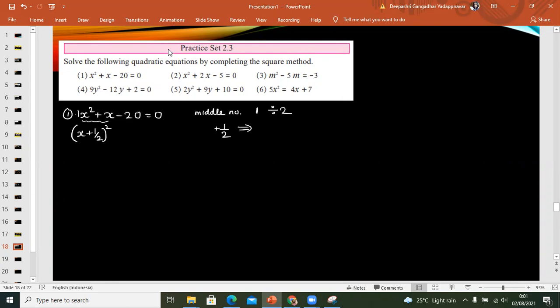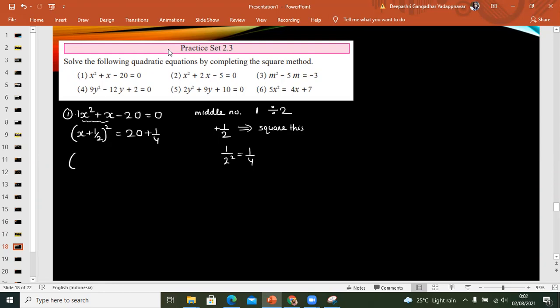Now, the next step is to square this. If you square this, you will get 1 divided by 2 square, that is 1 divided by 4. Negative 20 will be written on the other side, it will become positive 20, and this plus 1 by 4 we will write here.